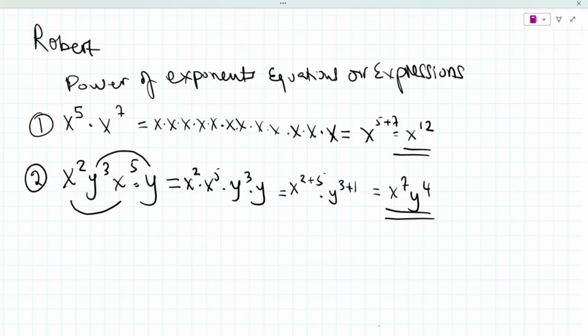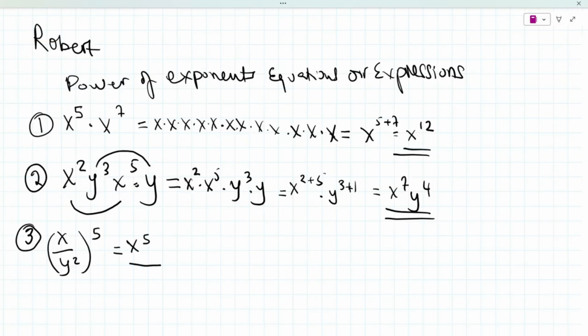But supposing we had another example like x divided by y squared, and this is all to the power 5. Now, this means it's x to the power, x is assumed to be to the power 1, so it will be x to the power 1 times 5, which will be 5.